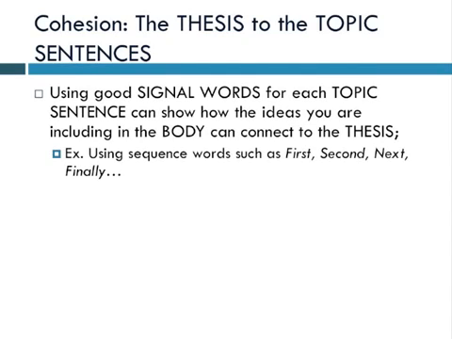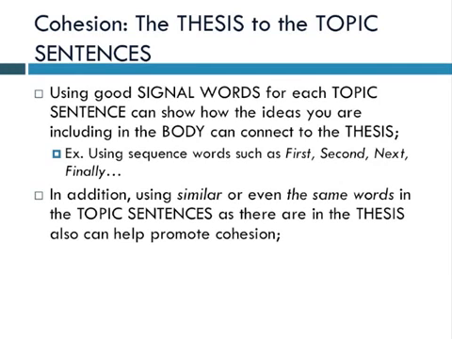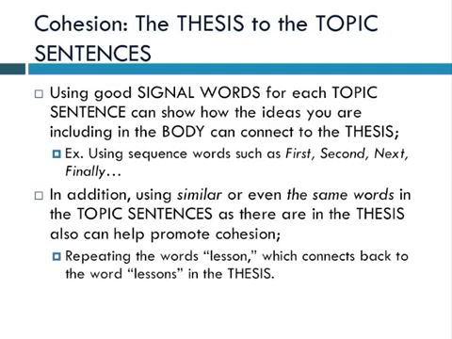So again, using sequence words such as first, second, next, and so on. In addition, even using similar or even the same words in the topic sentence as there are in the thesis can help promote cohesion. Of course, this is what we're going to talk about with synonyms as well. So we repeated the word lesson, which connects back to the word lessons in the thesis.